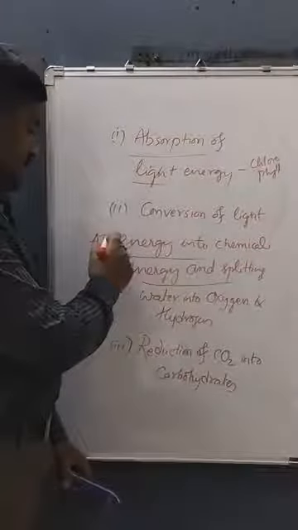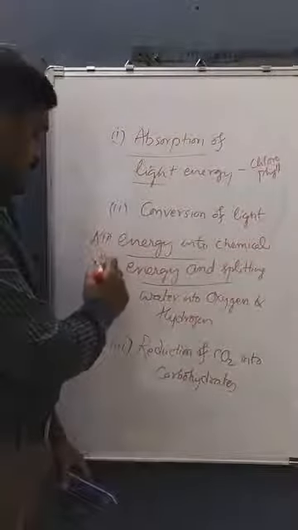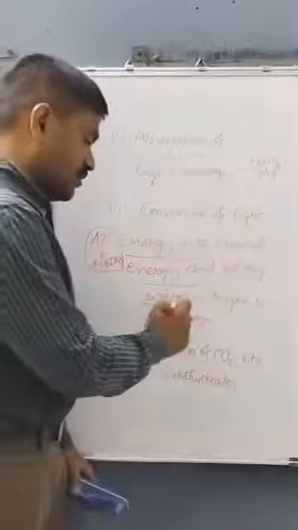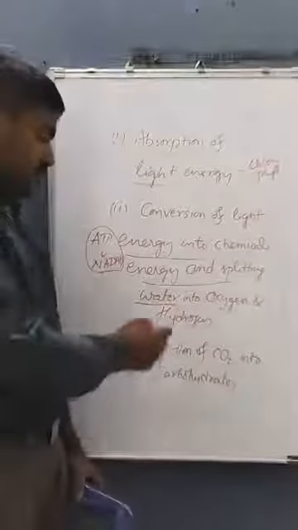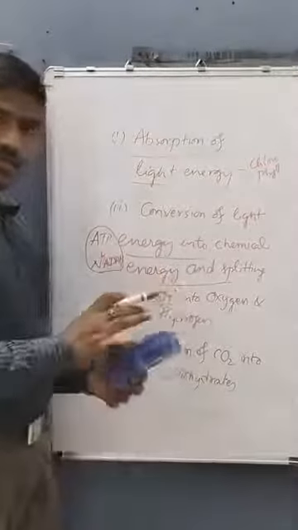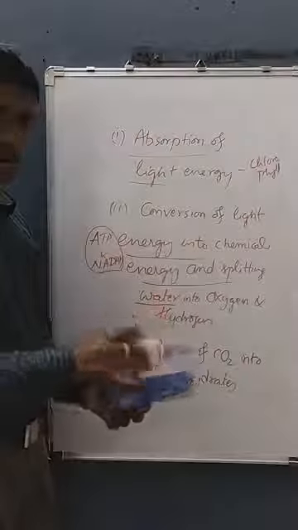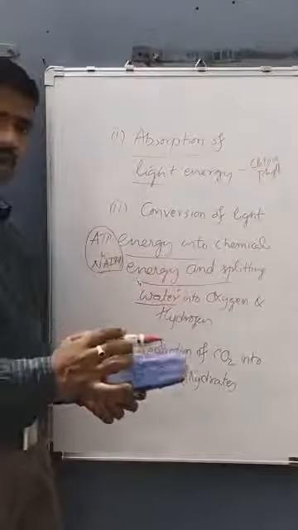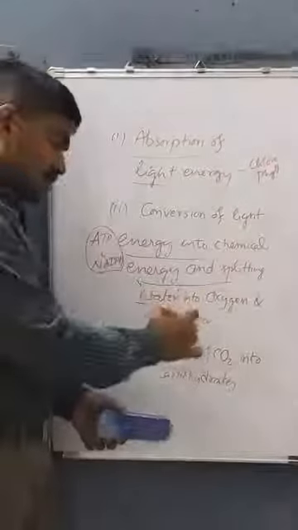ATP and NADPH. These are the forms of chemical energy using which water will be split. This is called photolysis of water. Using light energy, the water is broken down. Using light energy, if something is broken down, that is photolysis. Photolysis of water into oxygen and hydrogen.